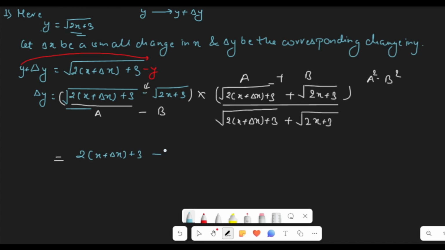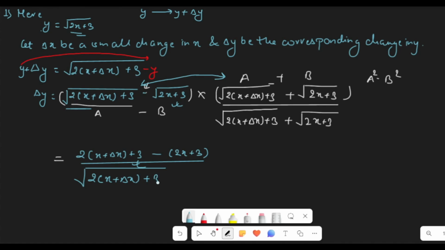And here, minus b square means square of this term. Here also, the root will disappear. So it will be minus 2x plus 3. So these two multiplied, we get this. On the denominator, we have root 2x plus del x plus 3 plus root 2x plus 3.